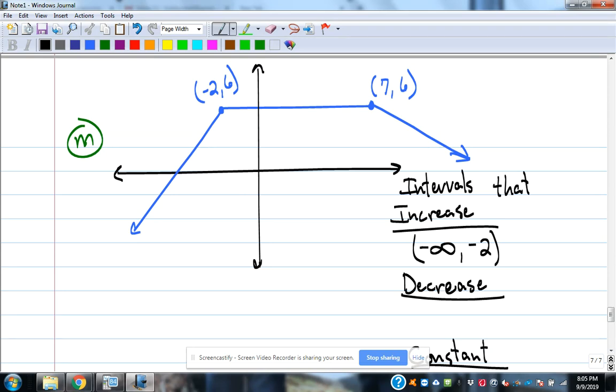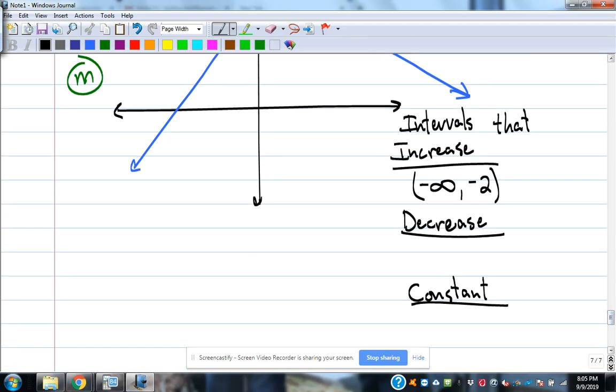Okay. Now, the next interval looks like right here. What's it happening from -2, 6 all the way to 7, 6? It's constant. It's staying flat. Constant is flat. So that interval would be from -2 to +7. We use parentheses on those because who knows which one is the stopping place for increase and the starting place for constant.